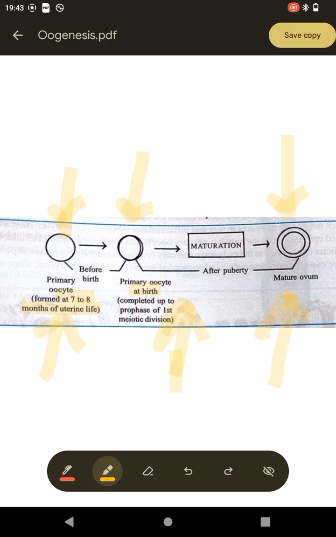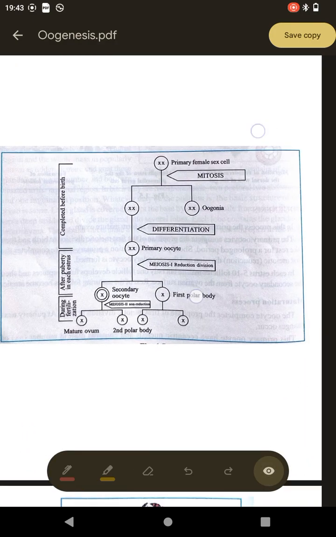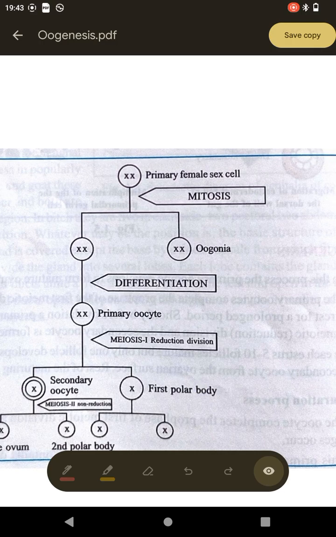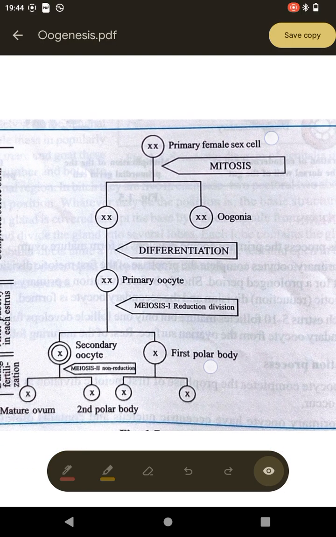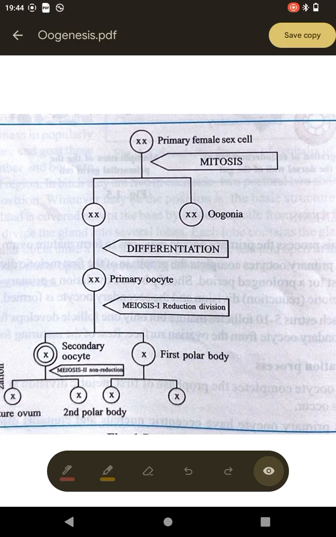Now we will see the next. This is the flowchart of the formation of the mature ovum. See, first is the primary female sex cell.